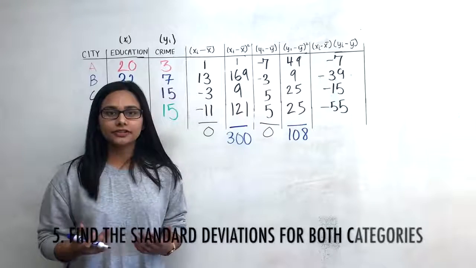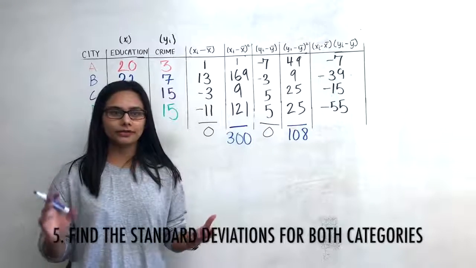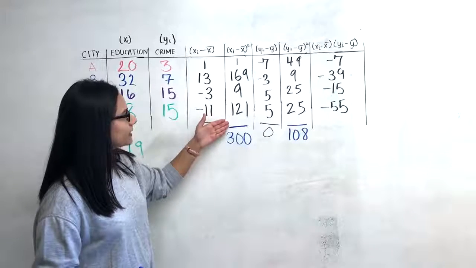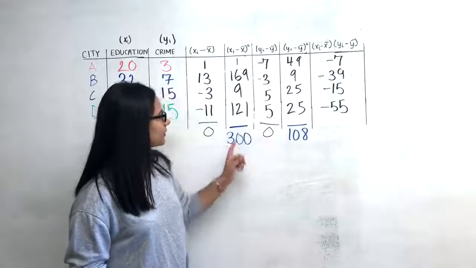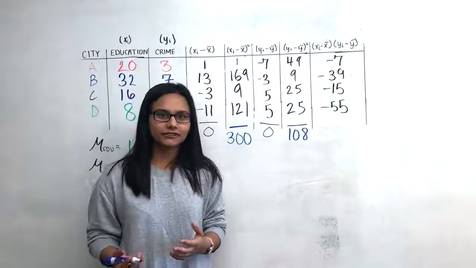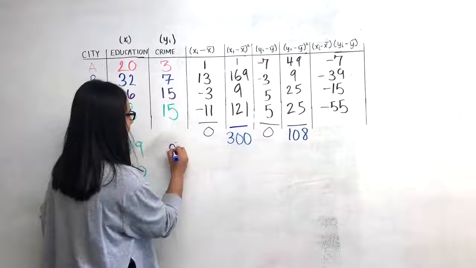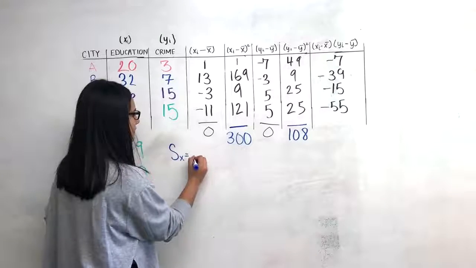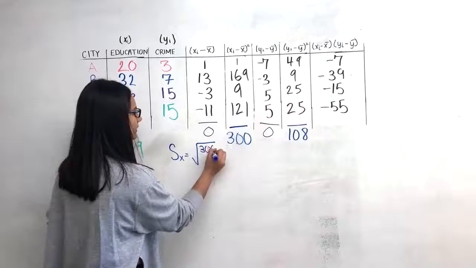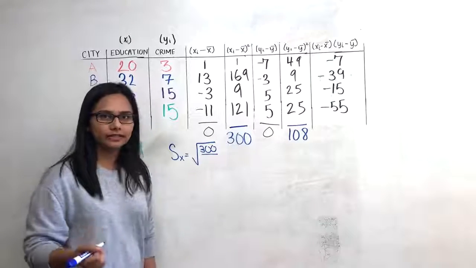Next, you have to find the standard deviation for both of the variables that we're testing. In order to do that, you have to first add up all your numbers that you squared. And for this one, we got 300 and 108. And now to actually calculate the standard deviation, it would be the square root of whatever your number was added up, so 300, over the degrees of freedom.